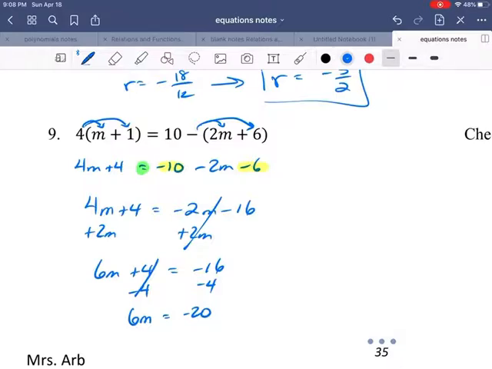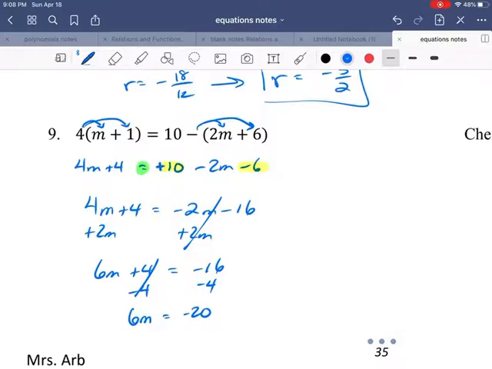And we end up with, I might have messed something up here. Negative 10, oh, you know what? This is positive 10 at the beginning.